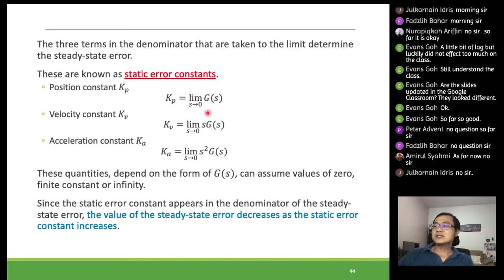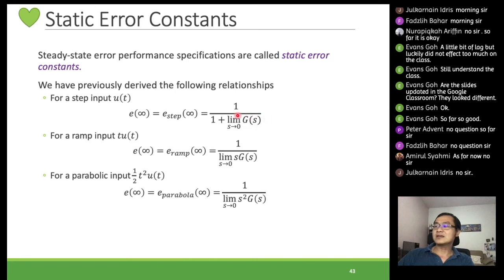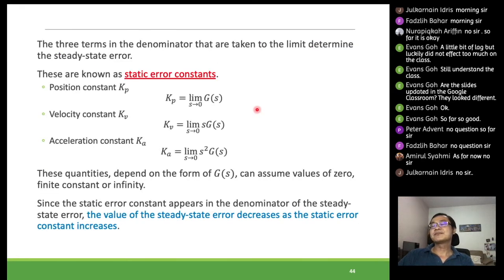Since this first one is dealing with the step input, that would give us a so-called zero or finite steady state error, then we would say that this is the position constant or the Kp, right?